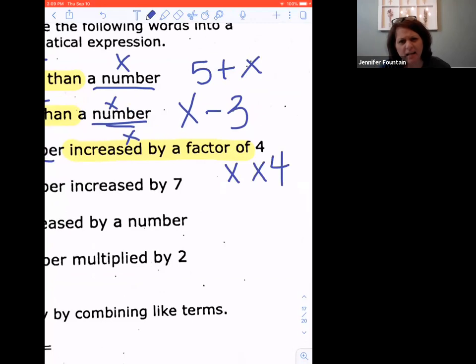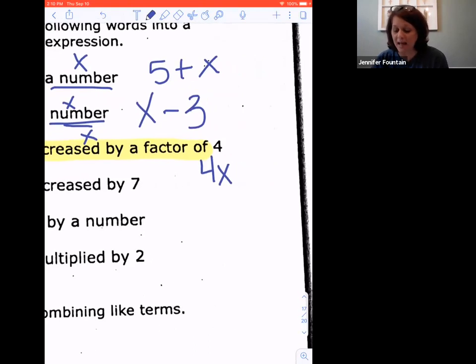And that looks funny, doesn't it? That is kind of confusing. So whenever I'm dealing with the variable X, I don't want to use an X for my times sign, okay? So what I want to do here is I can do one of two things. I can either write my number 4 with the variable X, and when I write a number next to a letter, I understand that means multiplication. Okay, so when you have a number next to a letter, that indicates multiplication.